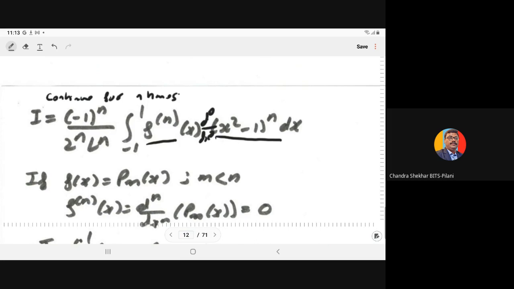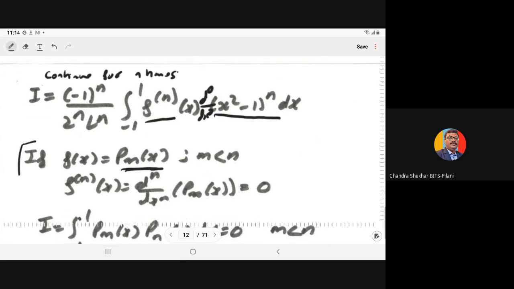So nth derivative of this. Now the important thing is coming, f is what? Any function whose nth derivative must exist. So if you assume fx is the Legendre polynomial of order m, let fx be the Legendre polynomial of order m where m is less than n. So what will be the nth derivative?